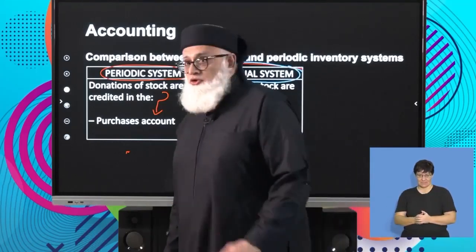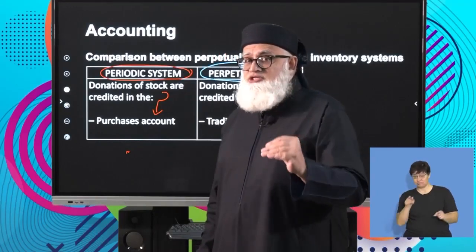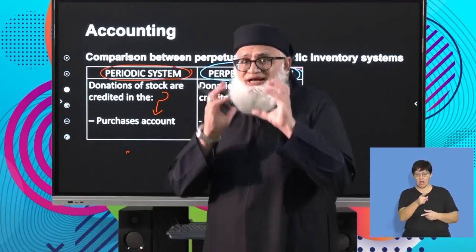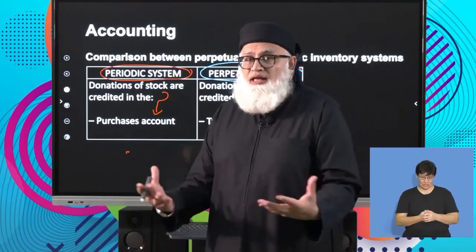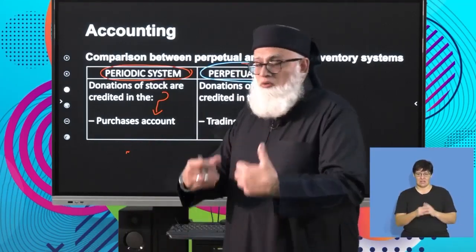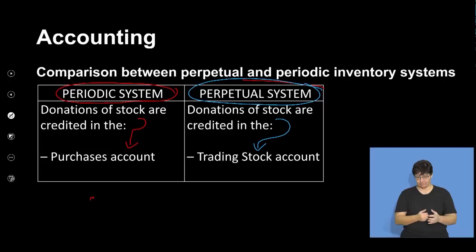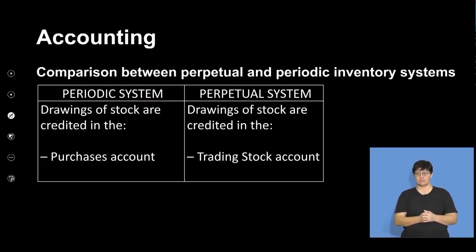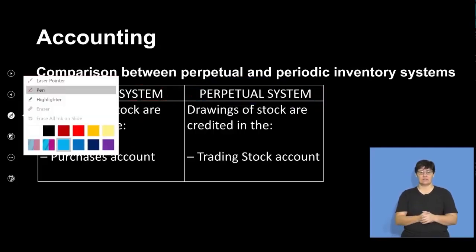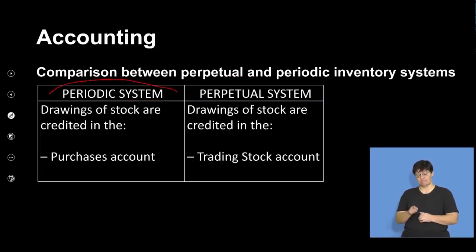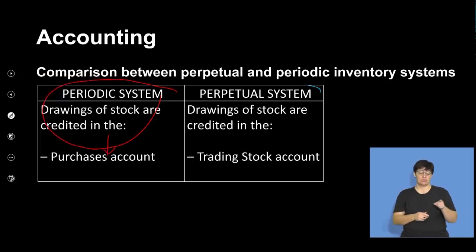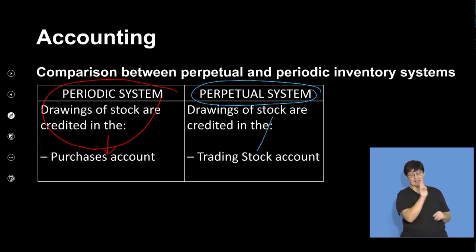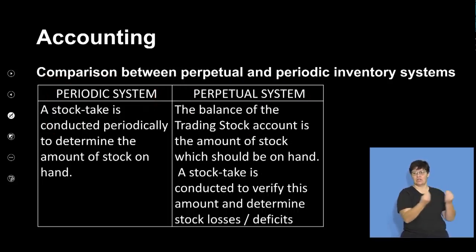Okay, you'll notice each of these transactions, we're separating them for you so that you have a clear indication of how to deal with it when you are doing an activity where everything is combined. Okay, the next one, we're looking at periodic drawings, purchases obviously, and if you're looking at perpetual, clearly you can see the trading stock is involved.